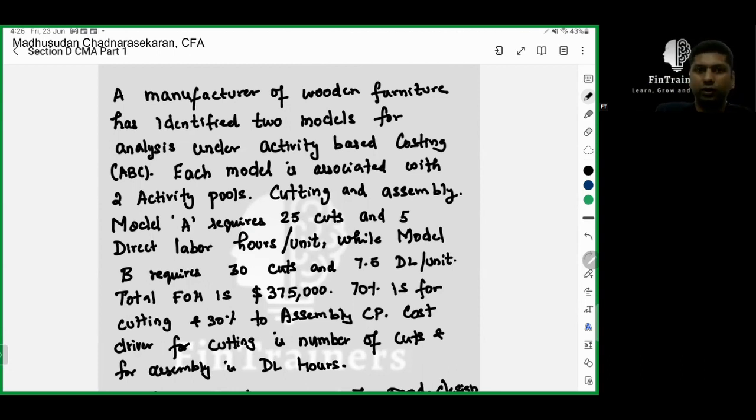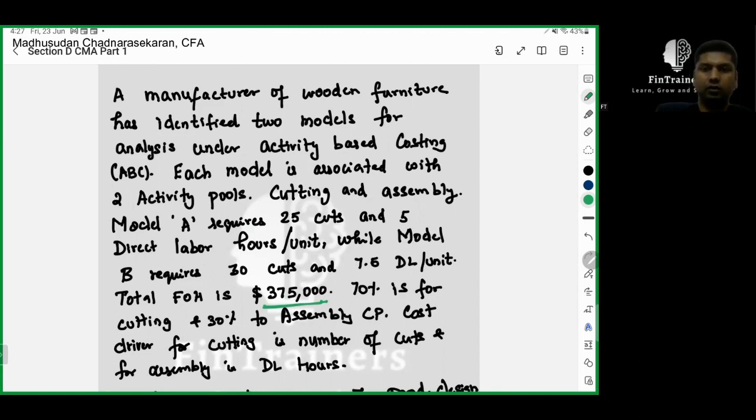Model A requires 25 cuts and 5 direct labor hours per unit, while model B requires 30 cuts and 7.5 direct labor hours. The total factory overhead is given to us. This is the total cost, 375,000. 70% is for cutting and 30% is for assembly cost.